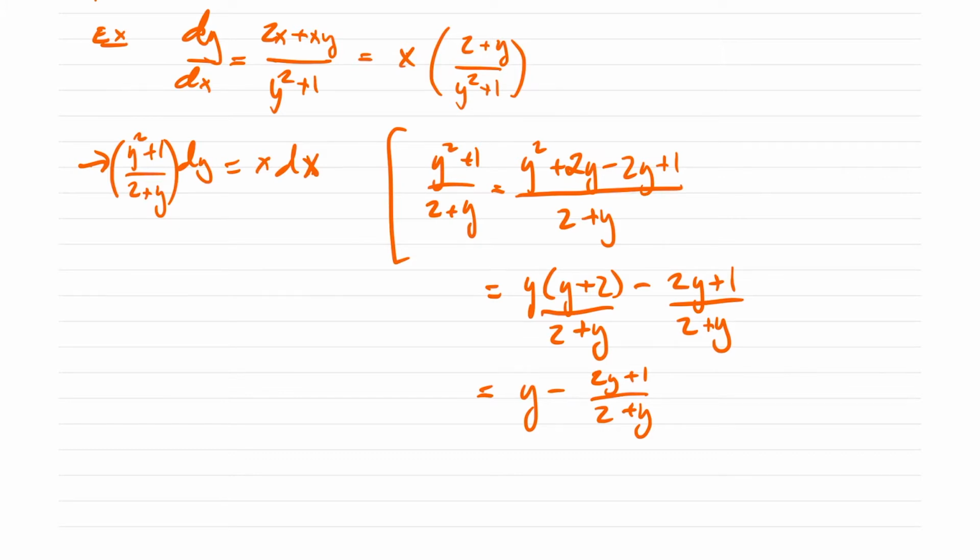And we can make it even nicer if I do sort of the same trick again. And I write this as y minus 2y, say plus 4 minus 4. And so if I subtract 4, it's just going to give me minus 3 here over 2 plus y. And so same game again.